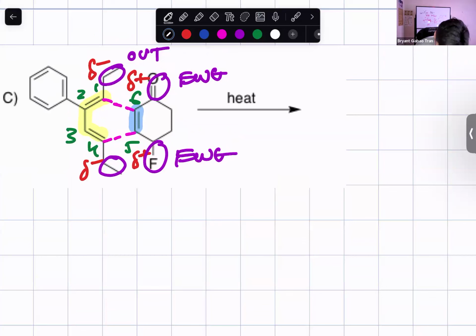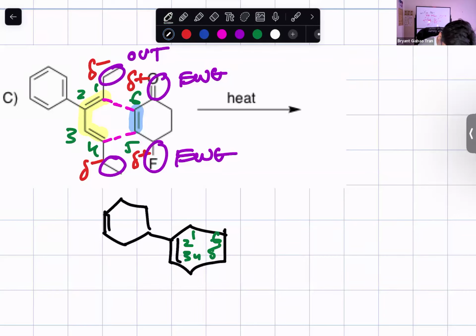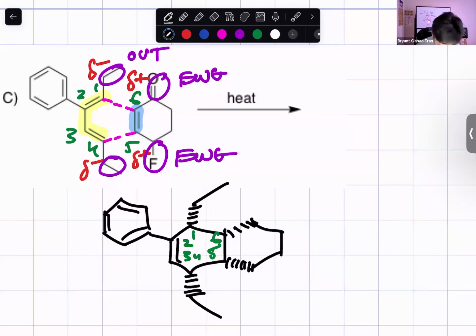If I draw out the product like this, where this is going to be 1, 2, 3, 4, 5, 6, the phenyl group at carbon 2 is going to stay flat and planar because it stays on an sp2 atom, right? Where if I make my ethyl groups dashes, the alkyl groups dashes, that would also make the EWGs here dashes because we said that they're going to be cis to each other, right?